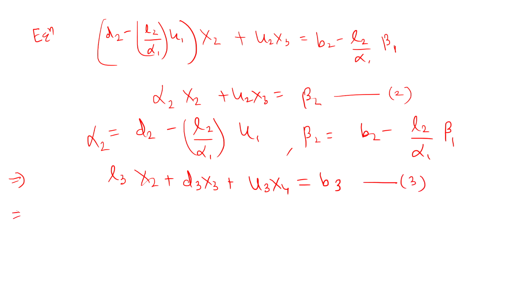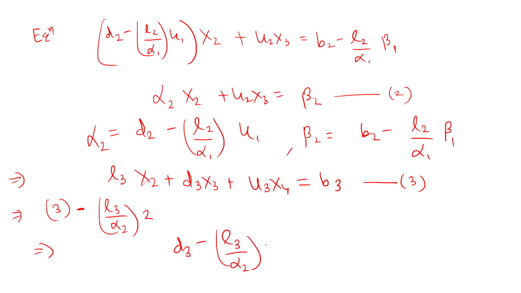So what I will do is 3 minus L3 upon alpha 2 times 2, and that will make my equation d3 minus L3 upon alpha 2 times u2, multiplied with x3, plus u3 x4 is equal to b3 minus L3 upon alpha 2 times beta 2.